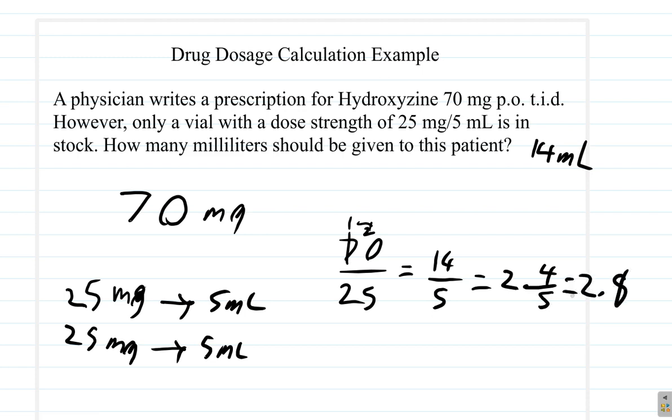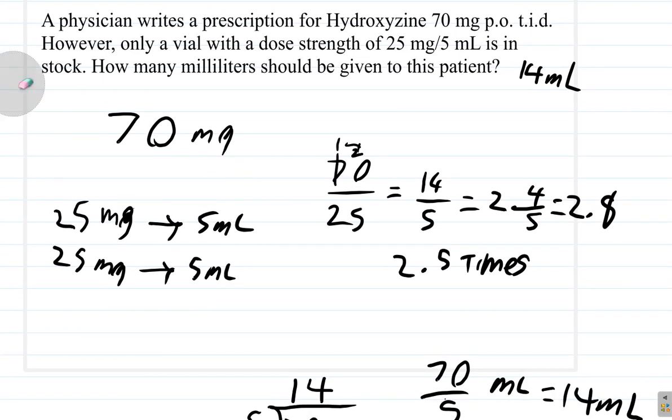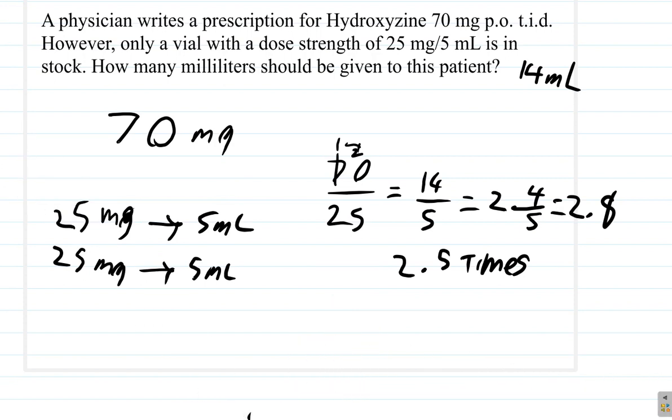Now the thing is, you have 2.8 times the amount per 5 milliliters that you're going to give the patient. Now, if you multiply 2.8 times the 5 milliliters, you're going to have 14.